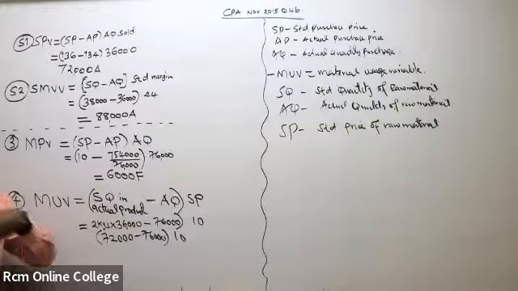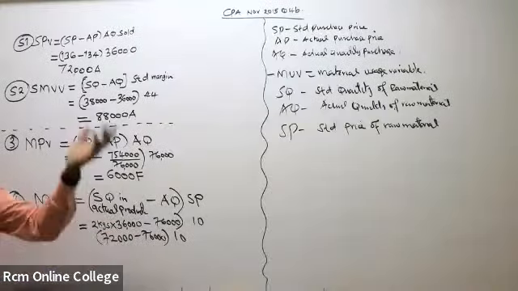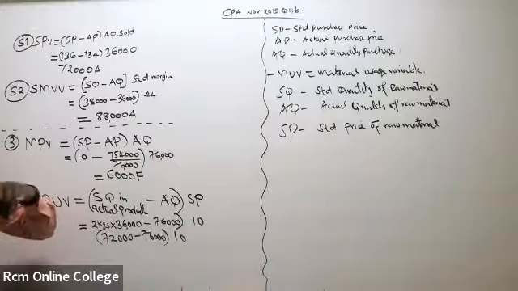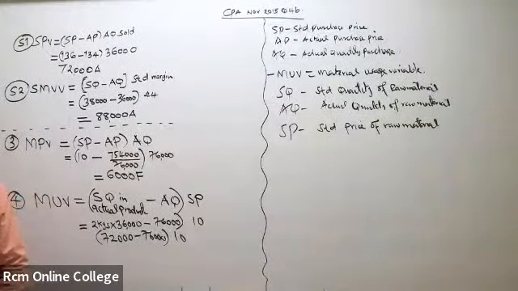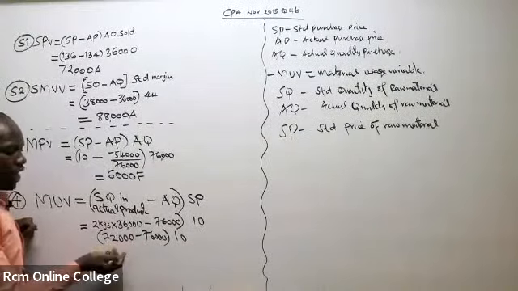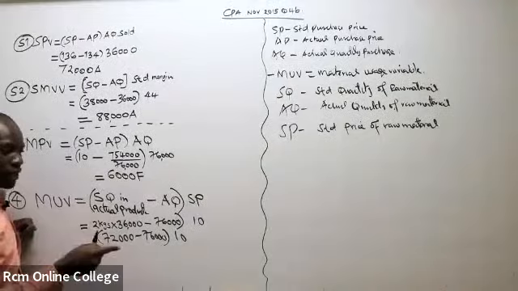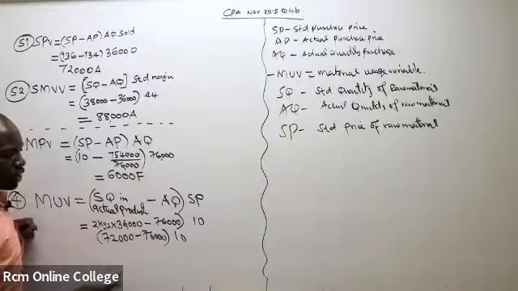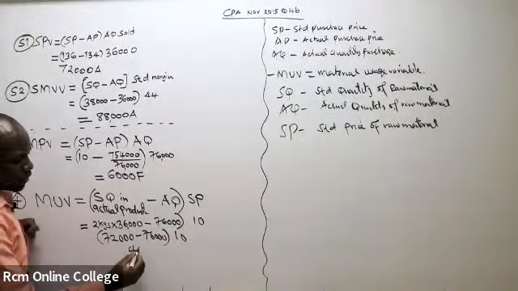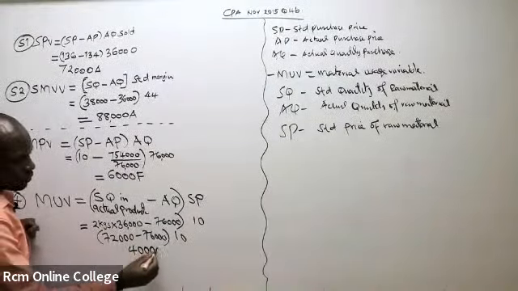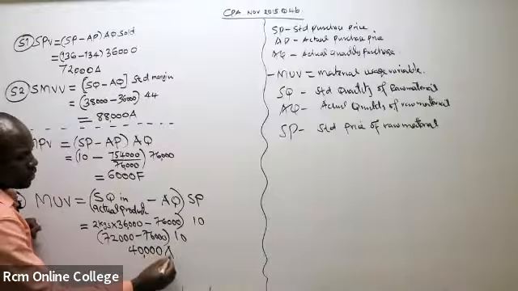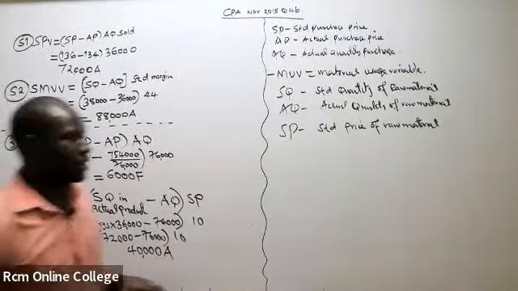So are we talking about saving, or you've exceeded what you're actually supposed to use? It is an adverse. Thank you. So if it's an adverse, I don't need to struggle. What I now need to do is to get the difference between 76 and 72. That is 4,000. 4,000 by 10 will give me 40,000. Just like that.